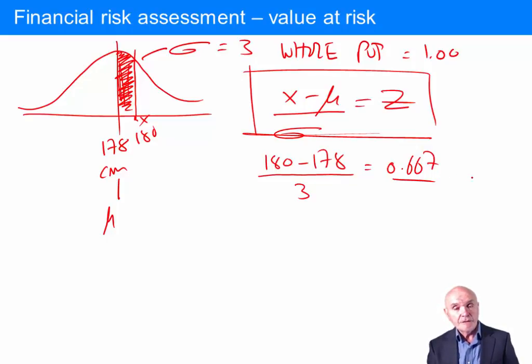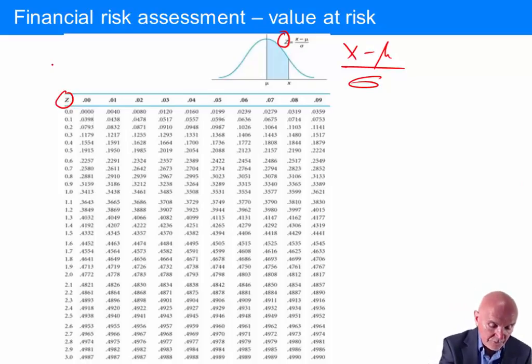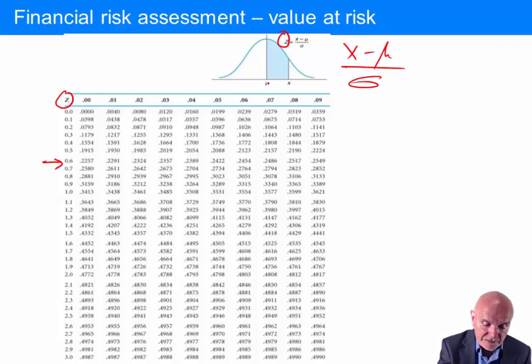So then what we do is you go to the normal curve tables and you look for a Z of presumably 0.67, it's the nearest we can get. So you go down here till you get to the 0.6. And then the next one you go along here until you get to the 0.07, so it's in here.